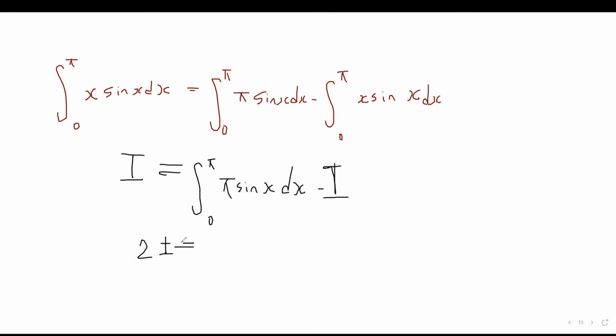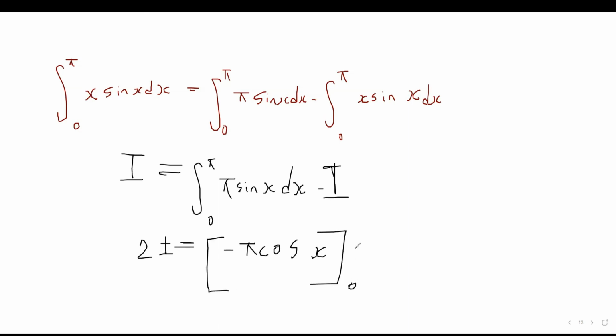Yes, negative cos. Beautiful. I'm so happy you remember. So it's just going to be negative pi cos x, and then we plug in the limits from 0 to pi.